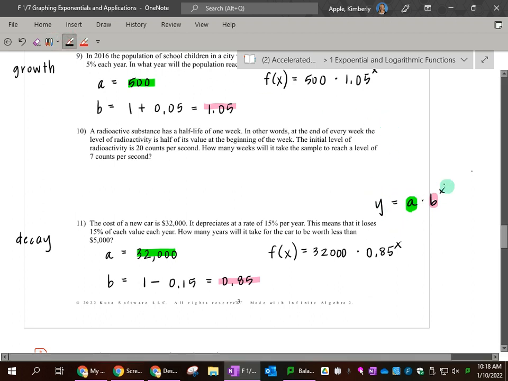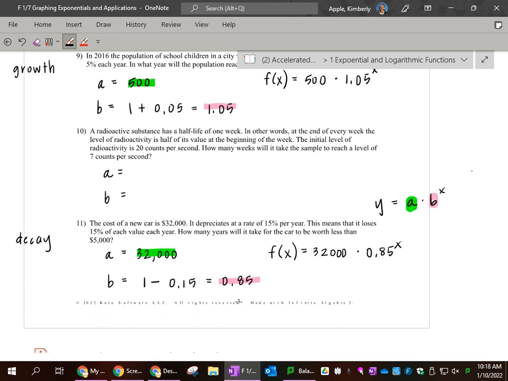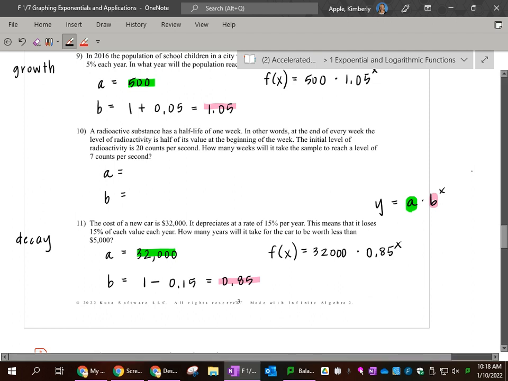So again, we are looking at the basic format, y equals a times b to the x. We're looking for an a and a b, and I need to know whether it is growth or decay first. Radioactive half-life just means that after a certain time period, the radioactivity has degraded or reduced by half. So if it's reducing the radioactivity level, is this going to be growth or decay?